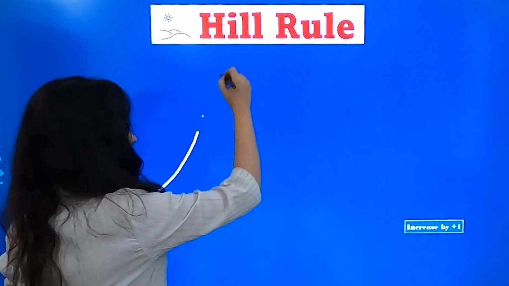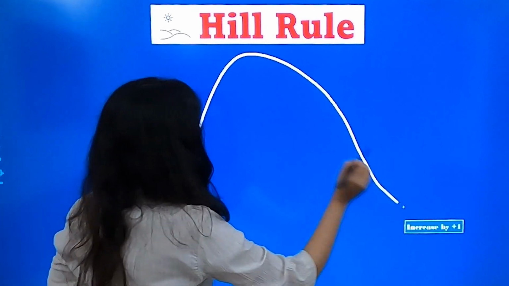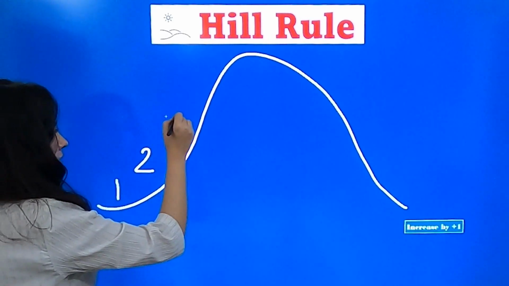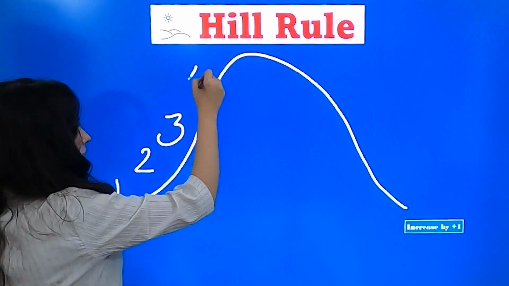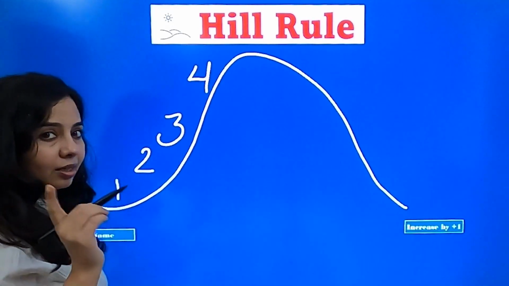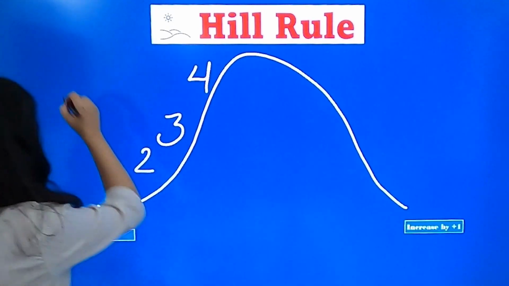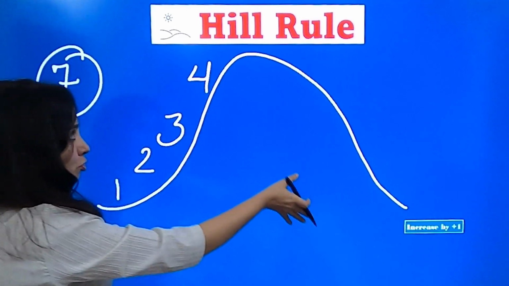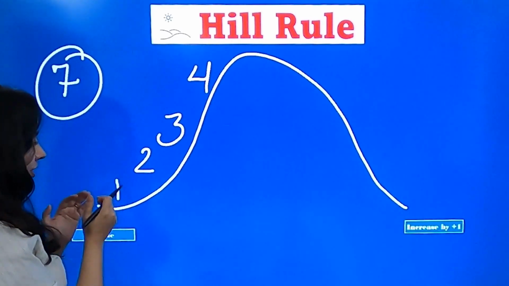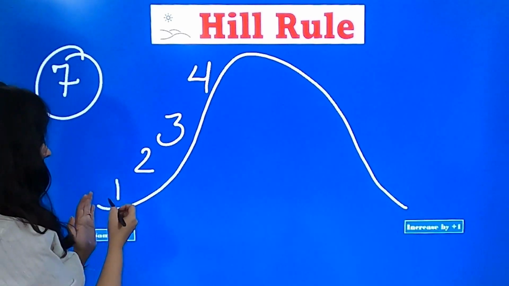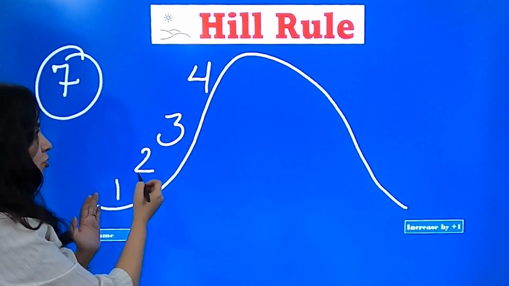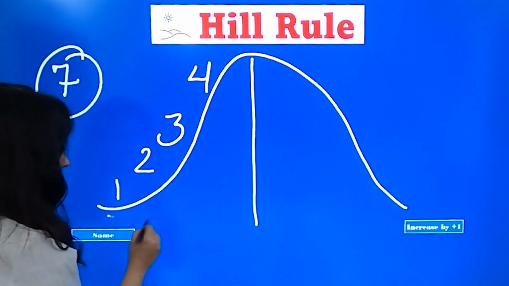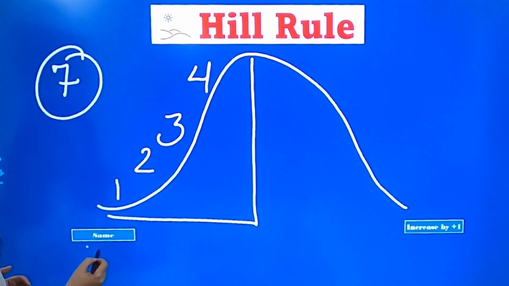What does this hill rule say? This is the kind of a hill, right? It says the numbers 1, 2, 3 and 4. You remember, the right digit which we had was 7. We have to put this under the scrutiny of the hill rule. If it is any of these numbers, 1, 2, 3 and 4, then we'll keep our focus digit the same.